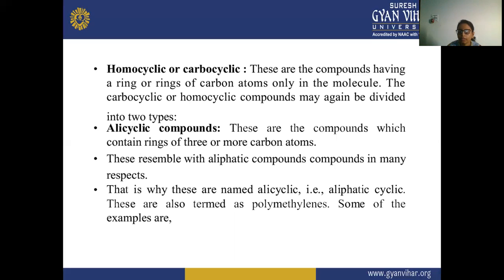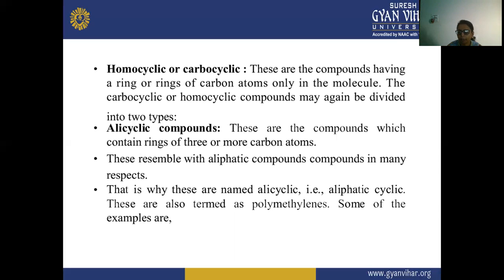So the homocyclic or carbocyclic compounds have a ring of carbon atoms only in the molecule, and they may again be divided into two types.